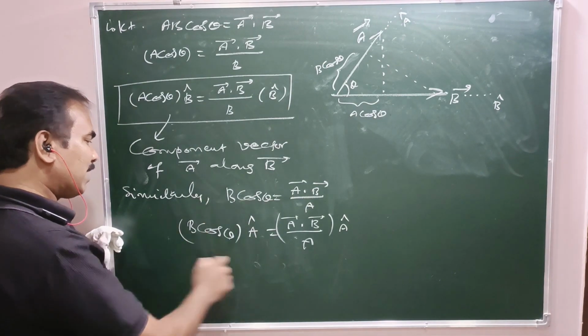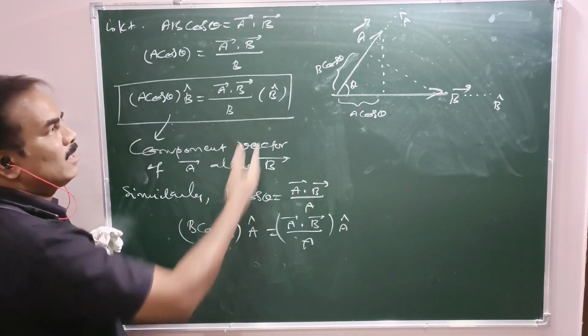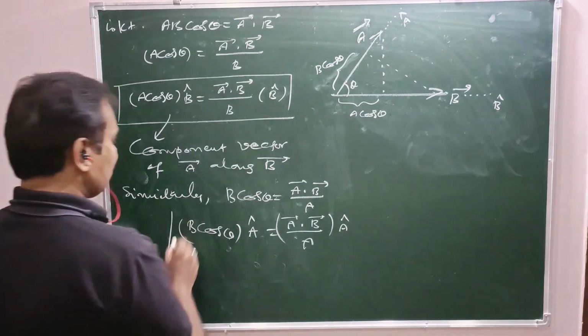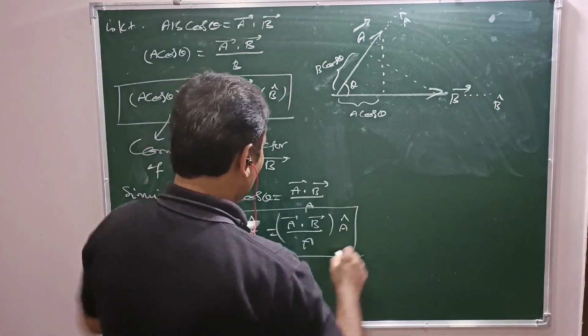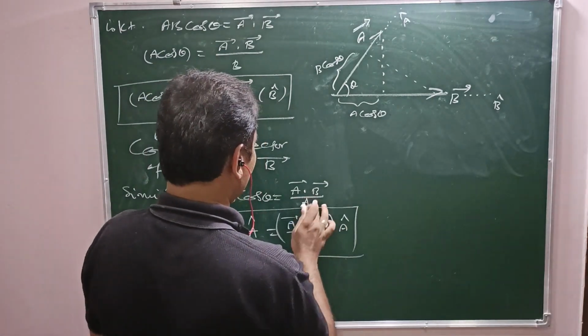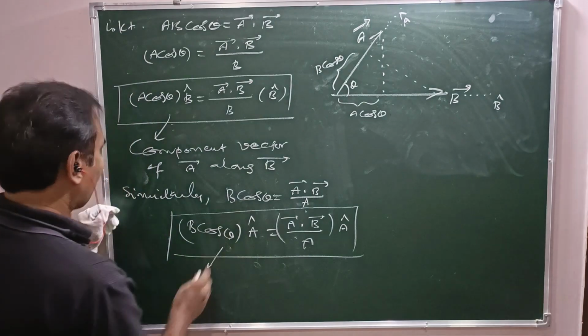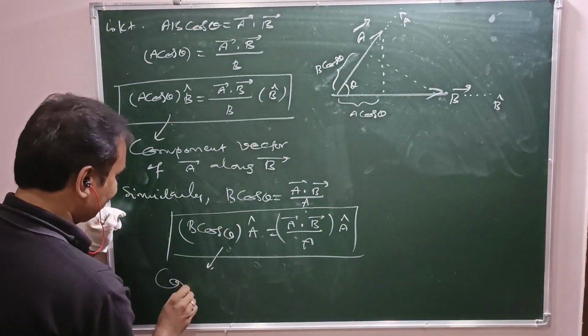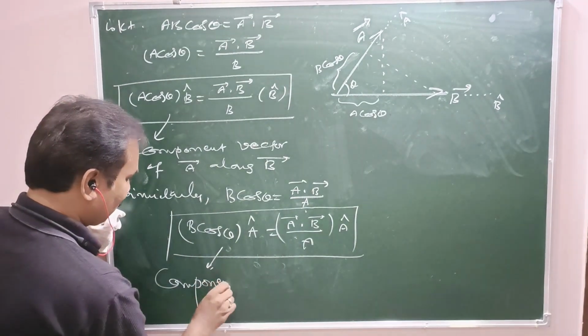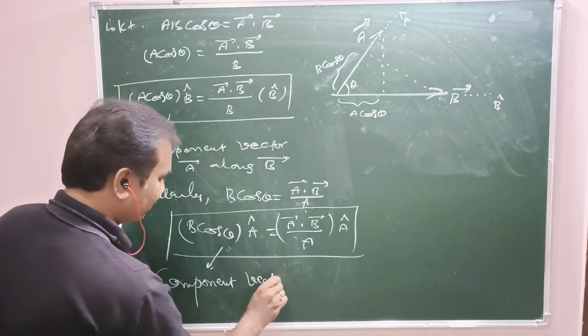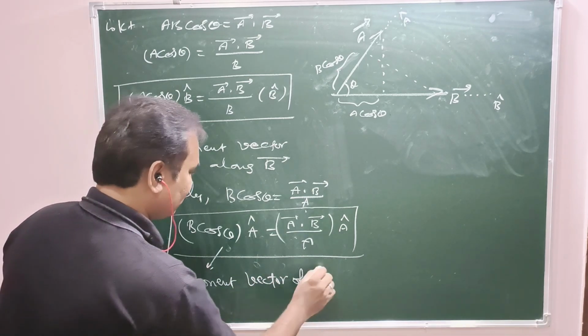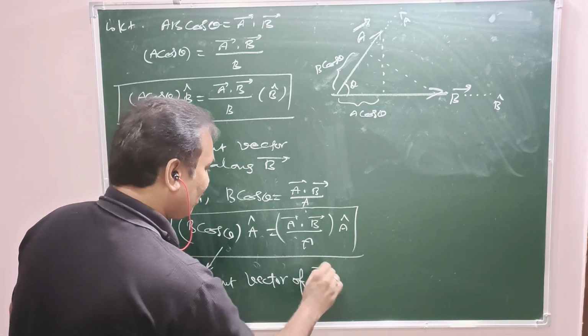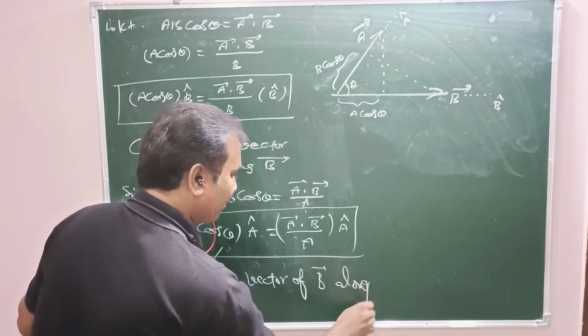This total term becomes the component vector of B bar along A bar.